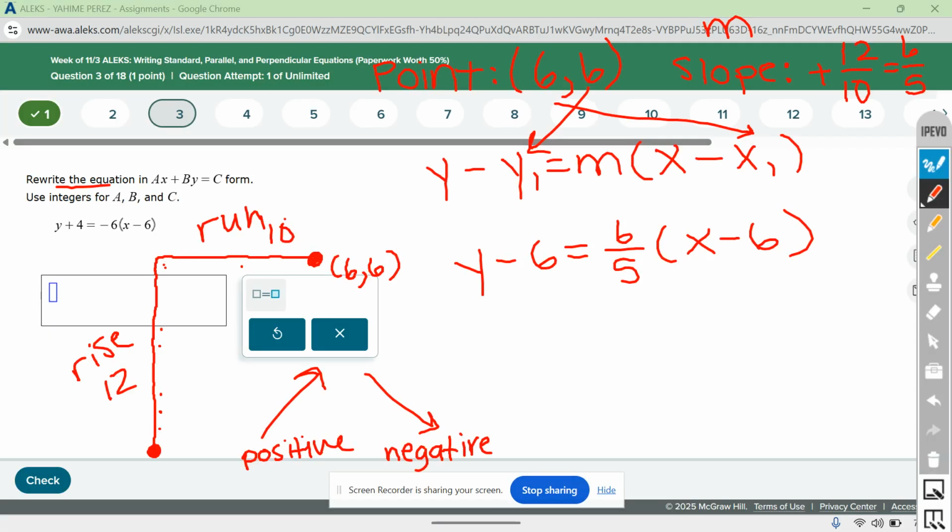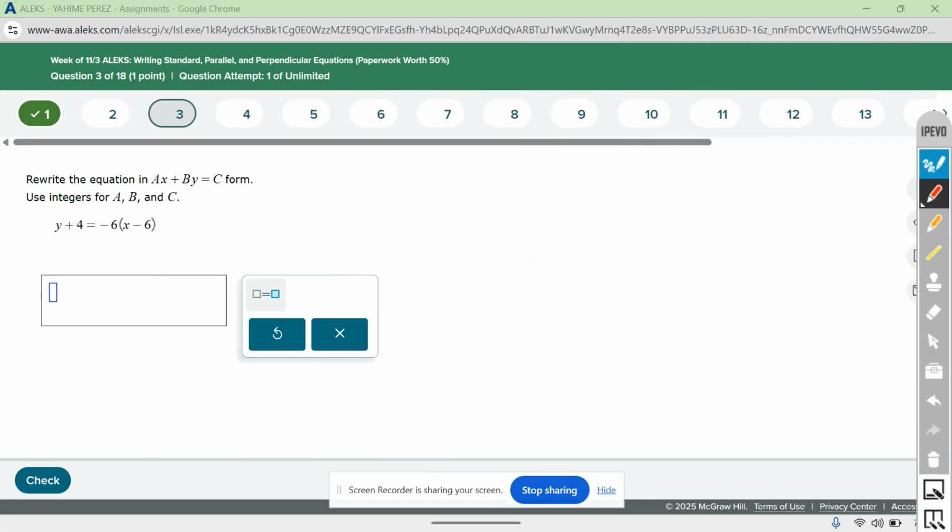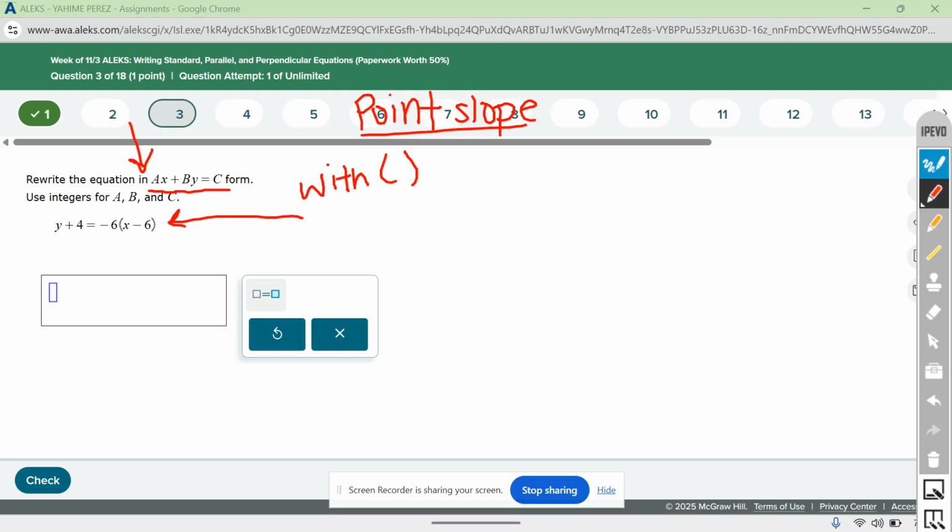Here we are going, right, with parentheses is point slope form. So we're going from point slope form.